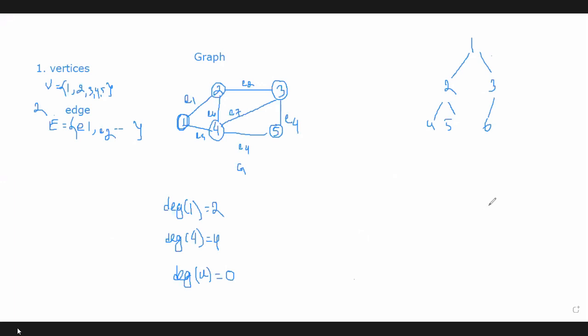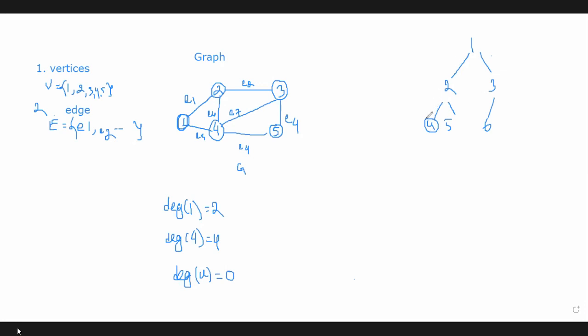Now the next term is path length. In this tree, how do we usually calculate the path length? Suppose we want to know the path length of 4. We usually calculate the number of edges between the root node and that node. So here between 1 and 4, the number of edges is 2.